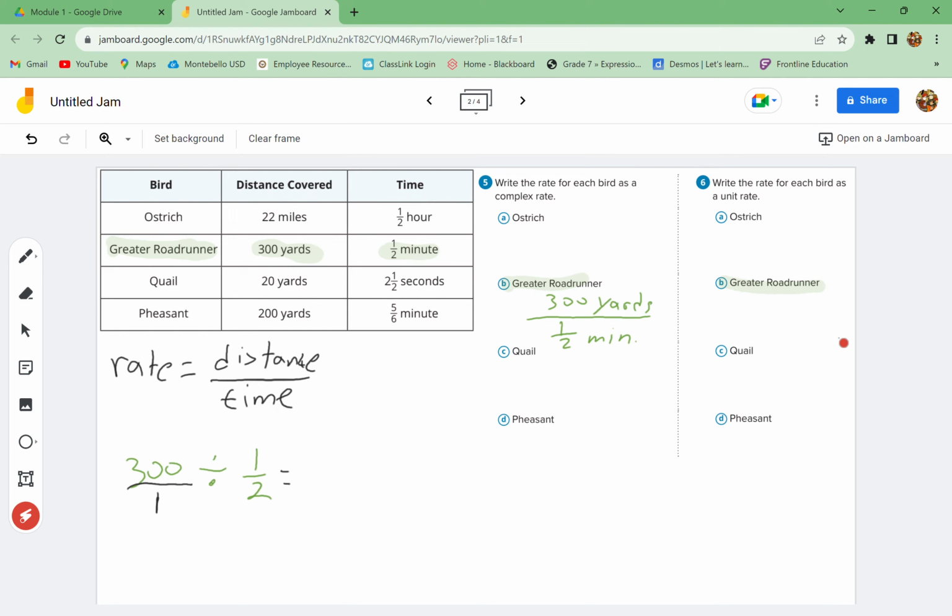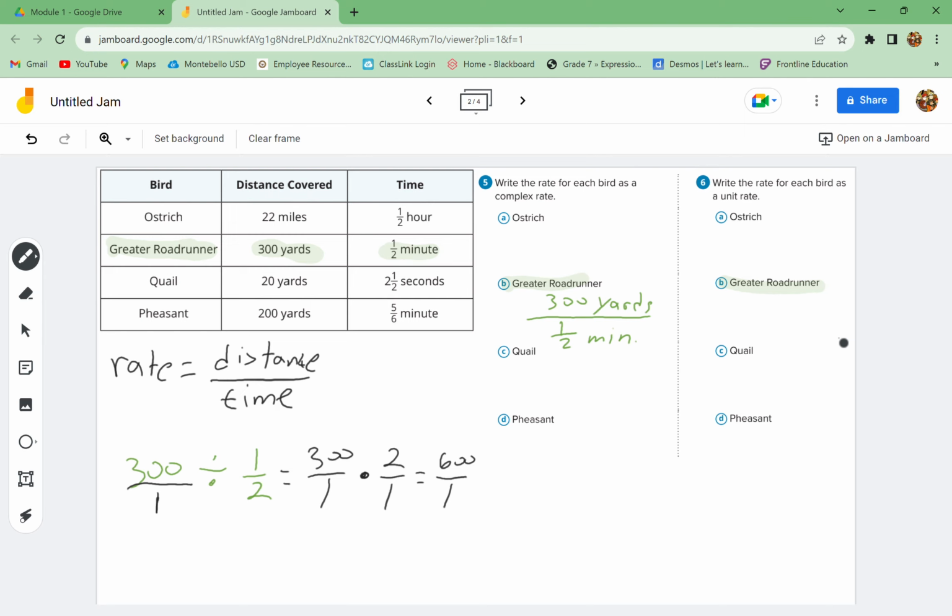The reason you do that is because the opposite of dividing is multiplying by the reciprocal. So here's how it should look. 300 over 1 multiplied by, and then again, I'm going to flip the second one. It'll be 2 wholes. So when I multiply straight across, I get 600 over 1.